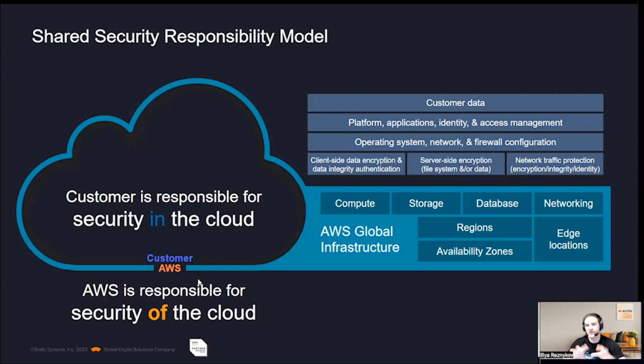Actually, the same shared responsibility model could be adopted for any of our pillars. For example, performance efficiency.